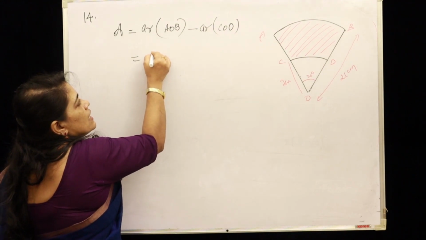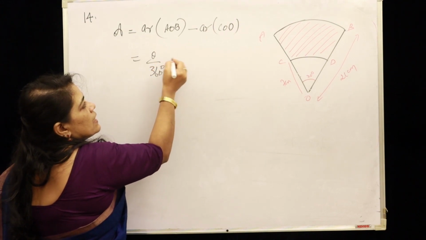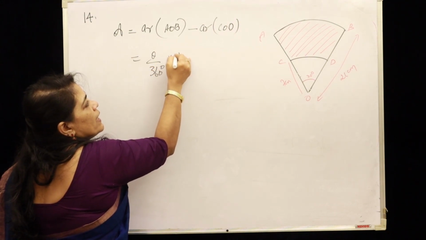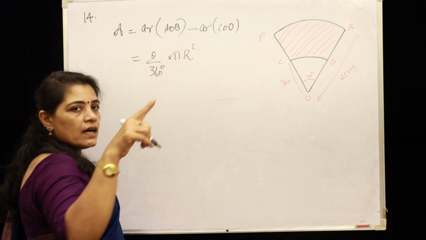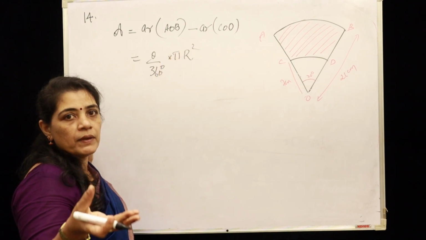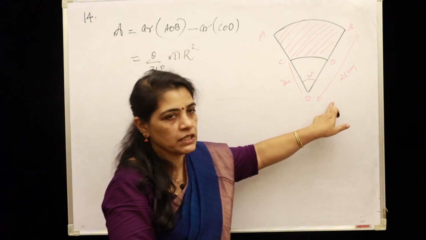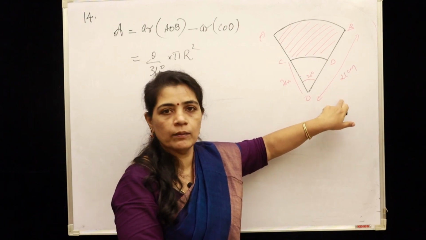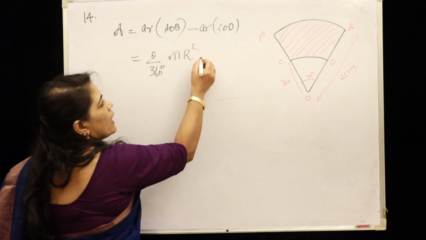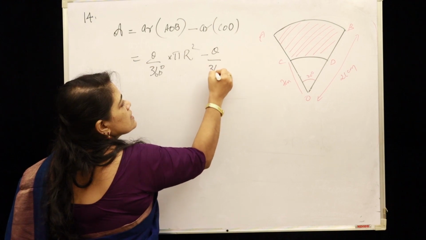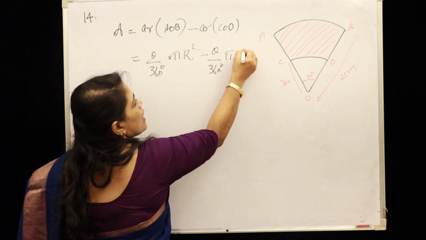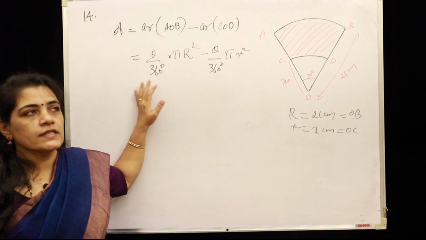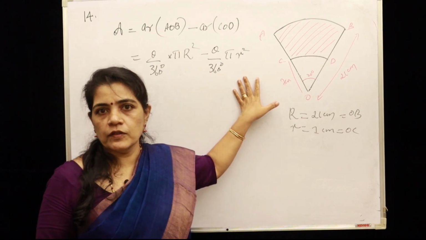So theta by 360 degrees into pi capital R square, where capital R is the radius of the big sector, given as 21, that is OA or OB, both the same, minus theta by 360 degrees into pi small r square.